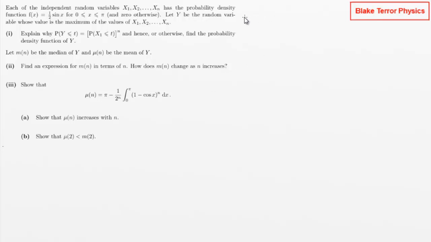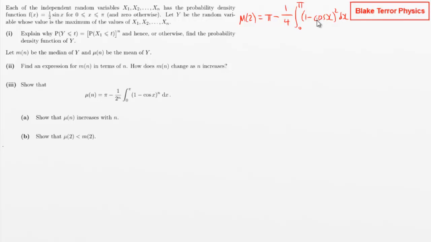So mu of 2 is pi minus 1 over 4 integral from 0 to pi of (1 minus cos x) squared dx. Okay, so I could probably do that integral, and I probably want to square out the bracket.